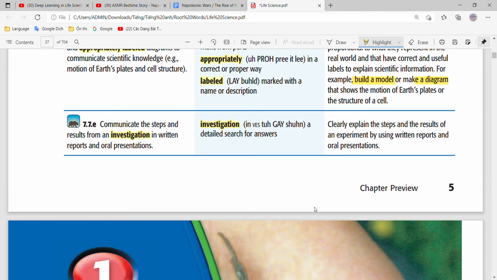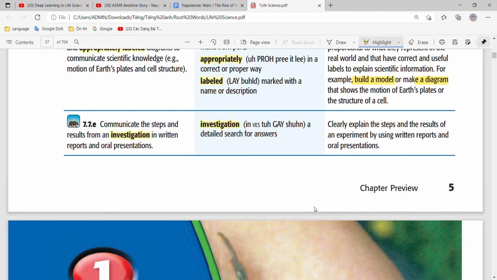So the last step is to communicate the steps and the results from an investigation in a written report and oral presentation. Investigate is a detailed search for an answer.